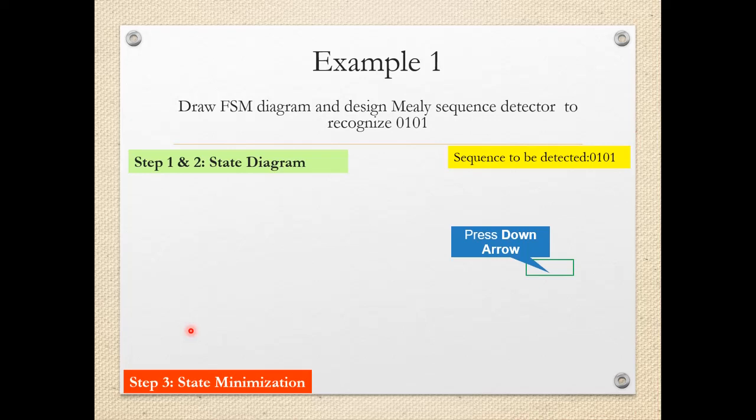The specification is to design a Mealy sequence detector which will recognize the sequence 0101, and now we are going to draw the state diagram for this particular sequence detection.